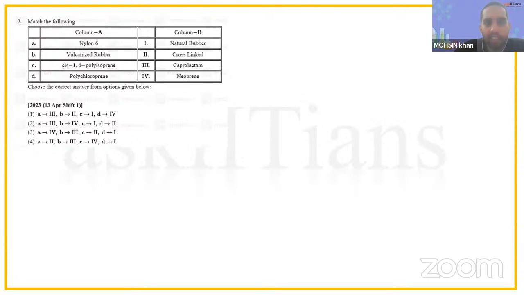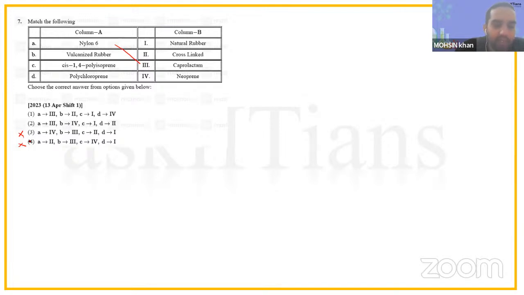Again, we have got a match the following. Nylon 6, and then we have a column: vulcanized rubber, cis 1,4 polyisoprene, polychloroprene. Nylon 6, we have just discussed, the monomer we used is caprolactam. So A is matched with third. So 3 and 4 cannot be the answer. Only 1 and 2 can be the answer.